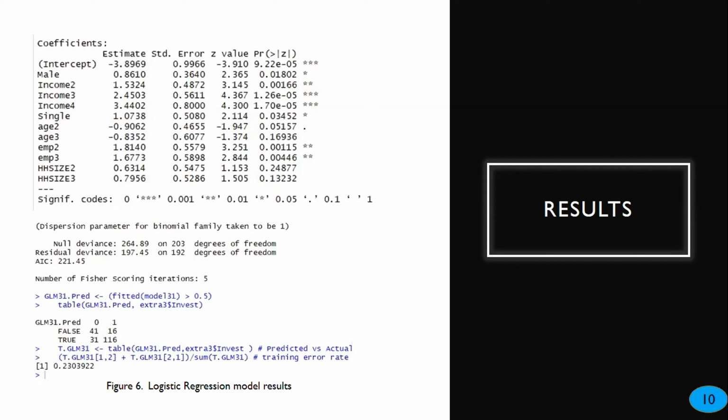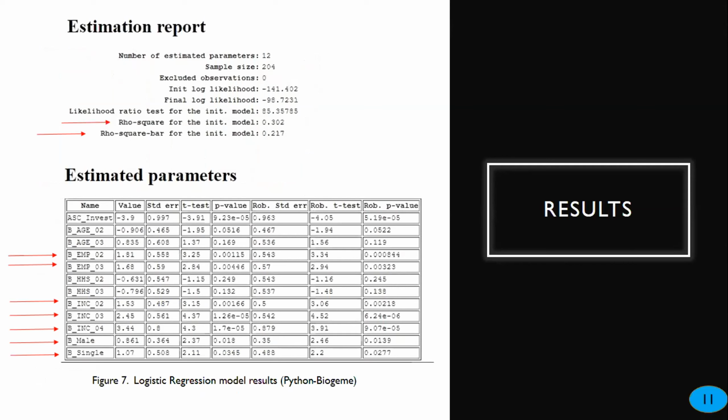So for this logistic regression model, I have 0.23 training error. Also, I used Python Biogeme, a package in Python for classification and choice modeling.